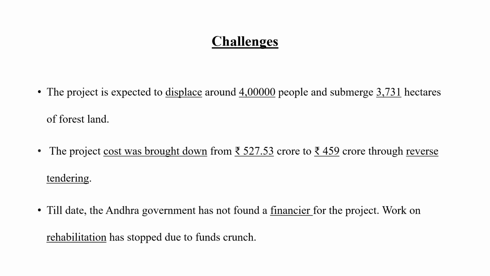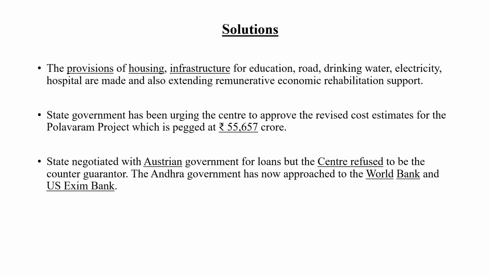Till date, the Andhra government has not found a financier for the project. Work on rehabilitation has stopped due to funds crunch. Then we also have the solutions. The provisions of housing, infrastructure for education, road, drinking water, electricity, hospital are made, and also extending remunerative economic rehabilitation support.